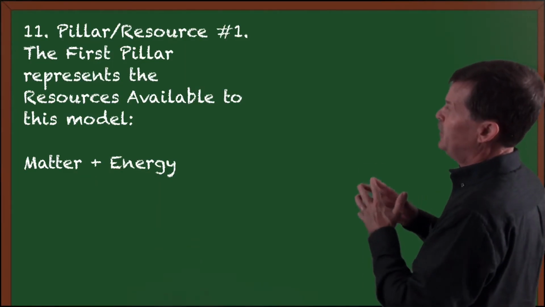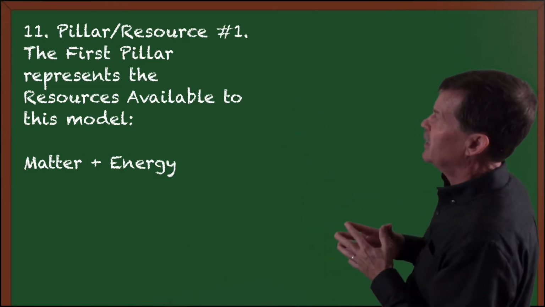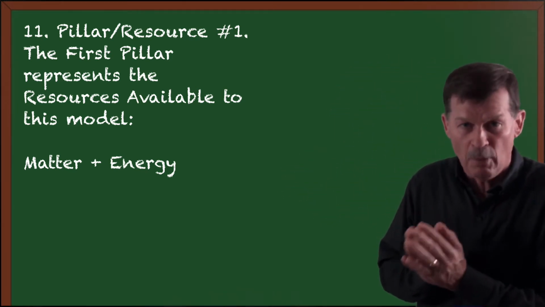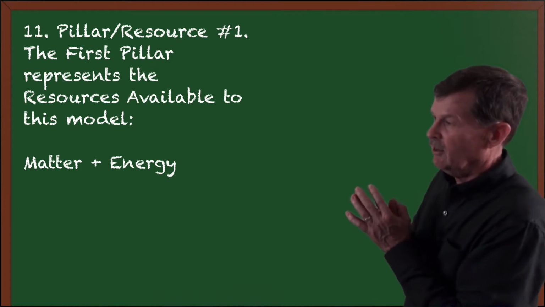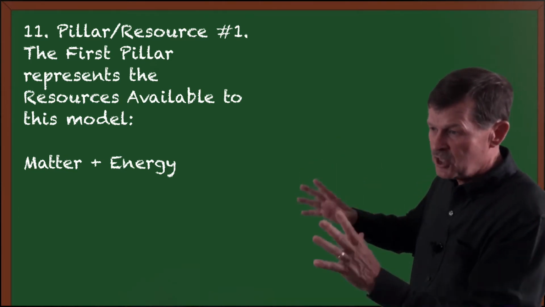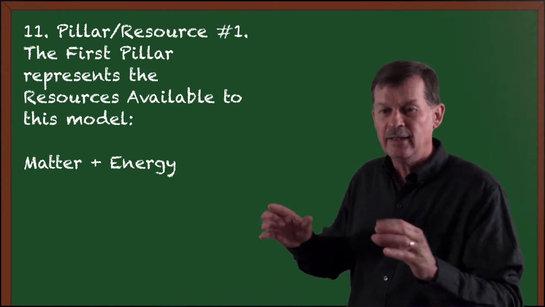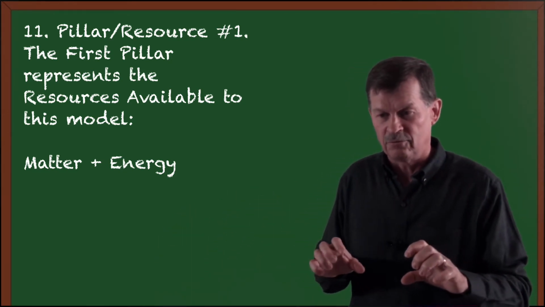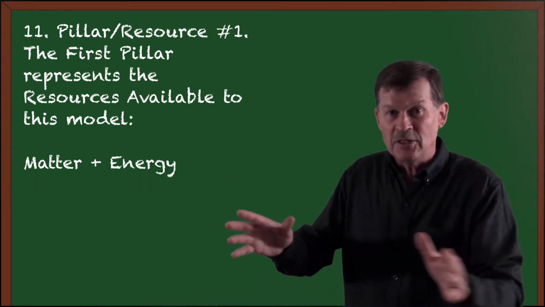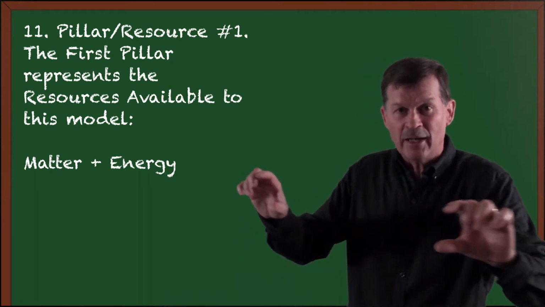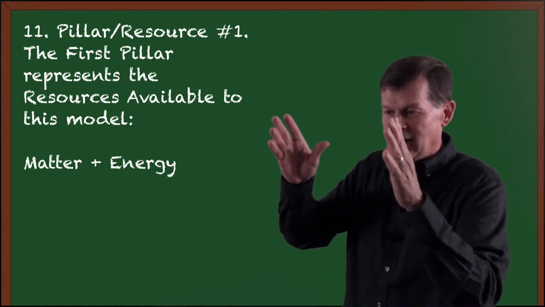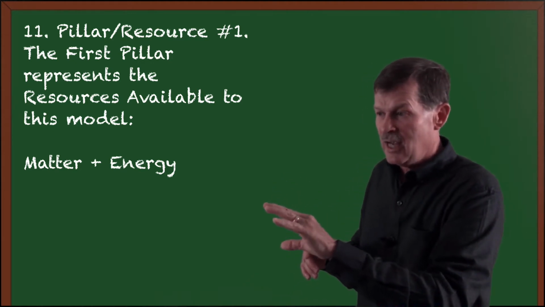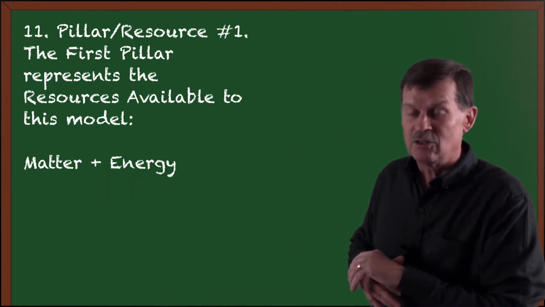Resources. Pillar or resource number one. The first pillar represents the resources available to this model. This model of origins, this model of science, is limited by its foundation, its source of reliable knowledge, its basic belief system, its systematic system of philosophy, its methods of getting to reliable knowledge, which then produces a scientific model.